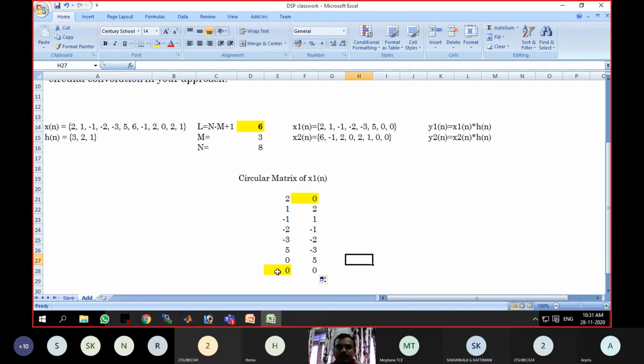You can observe here I have shifted 0, and the remaining bits 2, 1, -1, -2, -3, 5 and 0, and it goes on continuously.